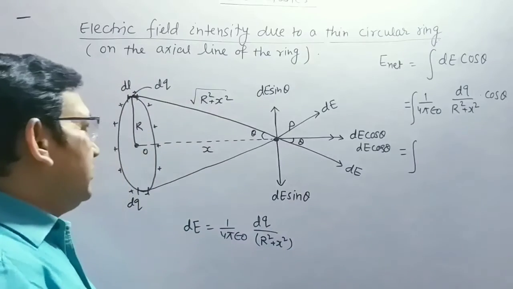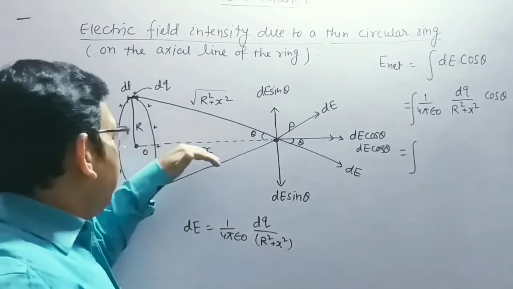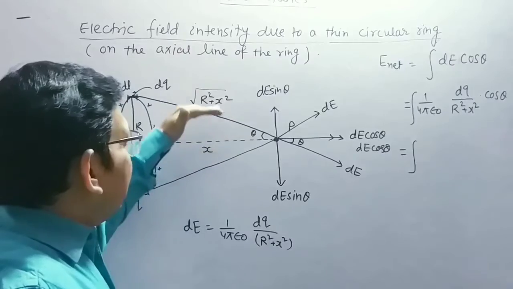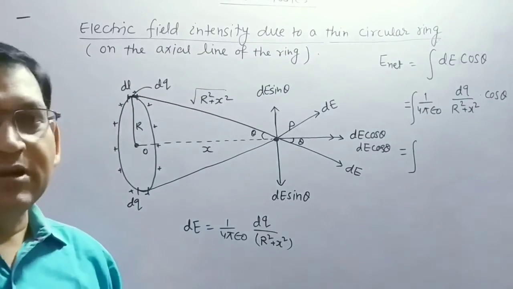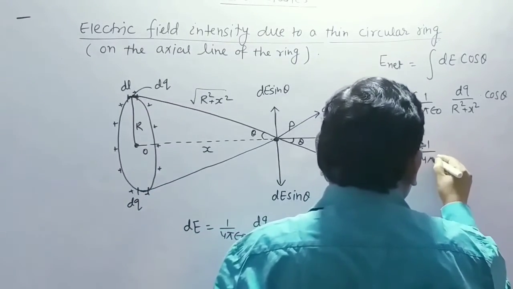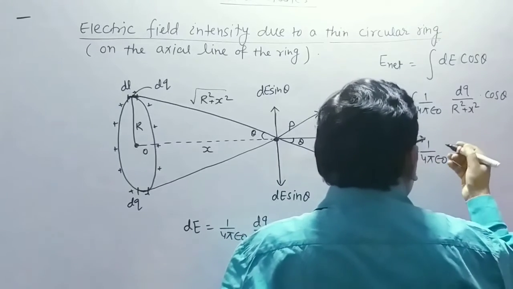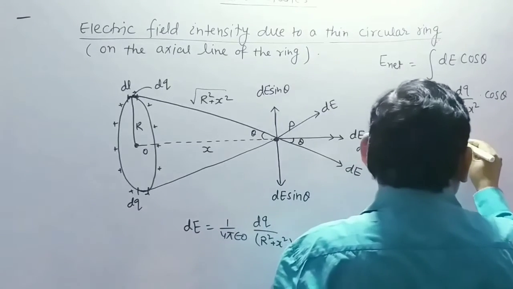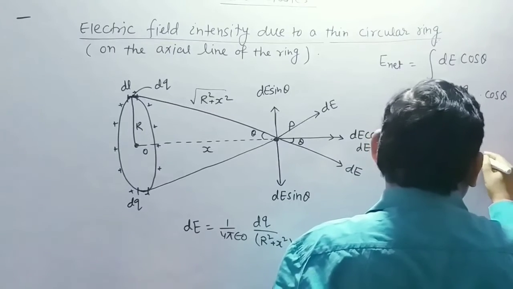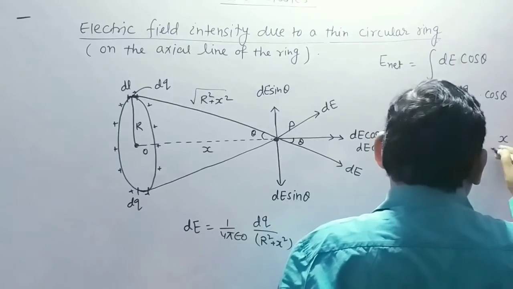Now if we look at the expression, cos theta can be written as base by hypotenuse. So base is x, hypotenuse is root under r square plus x square. So we have 1 by 4 pi epsilon dq by r square plus x square, and cos theta is base over hypotenuse.